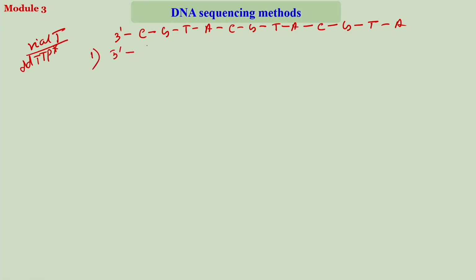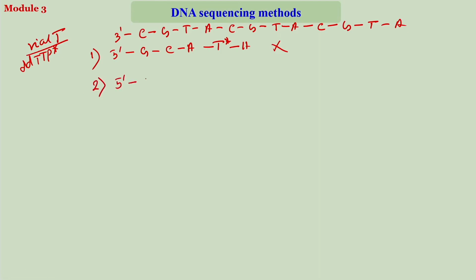So, case 1, this is G C A T. So, wherever there is a probability of taking up a T, it can be either the normal T or it can be the labeled dideoxy T. Once it is there, it is hydrogen, the chain is terminated.